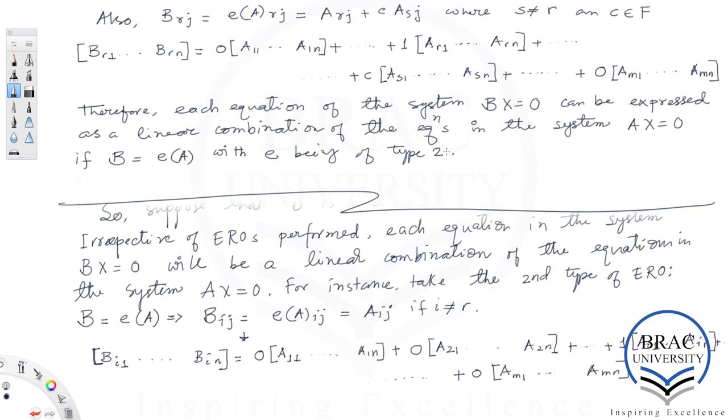And now this result can be shown to hold for the other two types of elementary row operations as well. So we have shown that each equation of Bx equal to 0 can be expressed as a linear combination of the equations in the system Ax is equal to 0. Now we have to show that each equation of Ax equal to 0 can also be expressed as a linear combination of the equations in this system Bx is equal to 0. This is the goal now. Okay, let's do it.